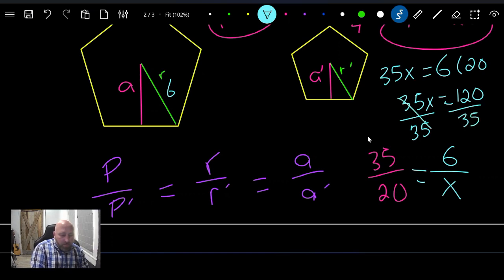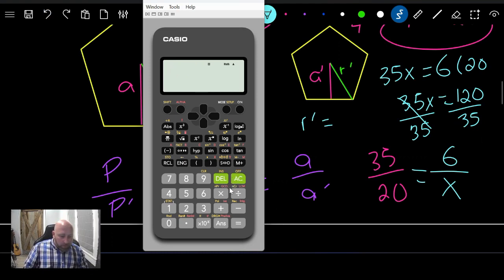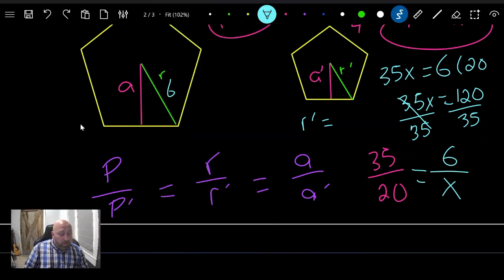And we would come out with x, or our prime, equals this right here. We'll do this on the calculator. And 120 divided by 35 is going to equal 3.42. We'll call that 3.4.